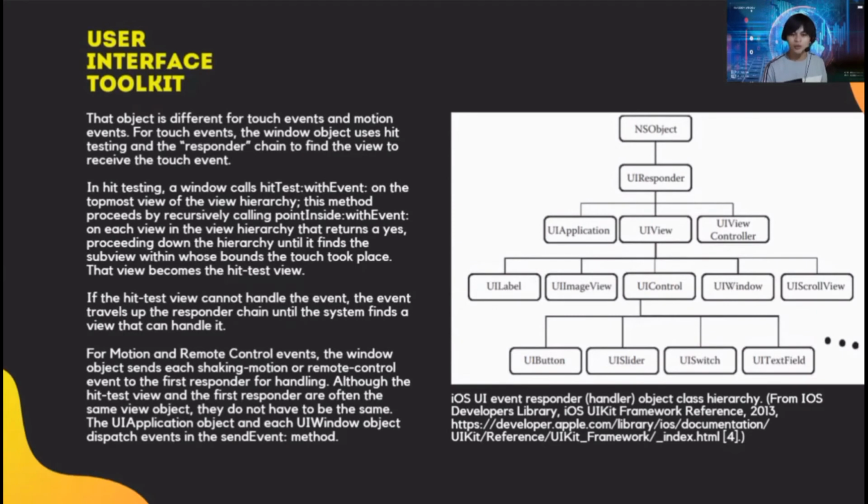Okay, so for motion and remote control events, the window object sends the shaking motion or remote control event to the first responder for handling. Although the hit-test view and the first responder are often the same view object, they do not have to be the same. The UIApplication object and each UIWindow object dispatch events in the sendEvent method.